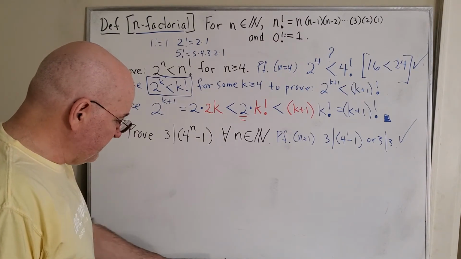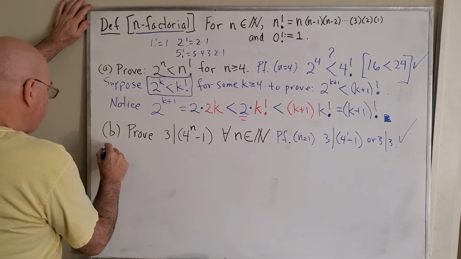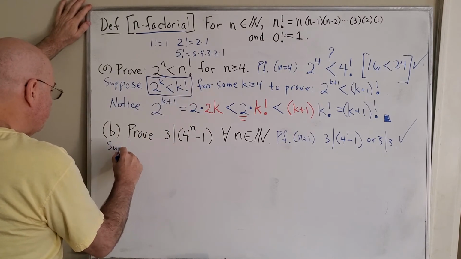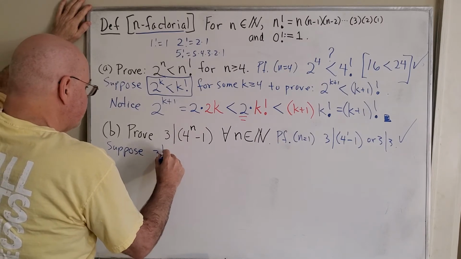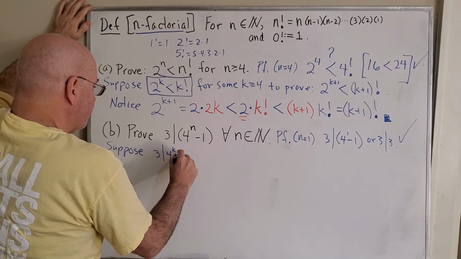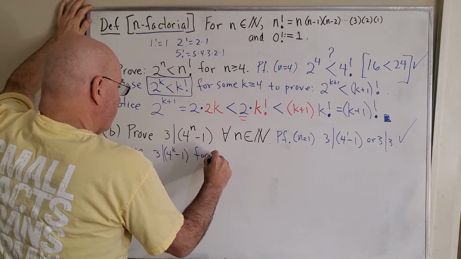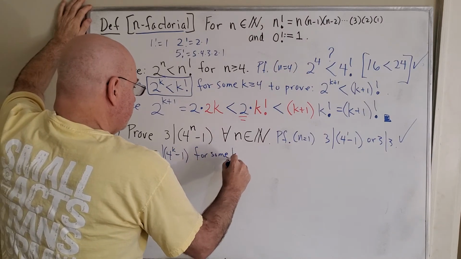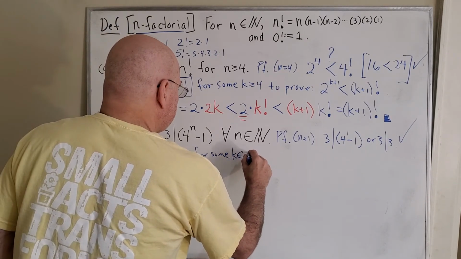Now we're going to jump into the k. I'll use a k, and maybe I'll do the explanation again. Suppose 3 divides 4 to the k minus 1 for some k in the natural numbers.